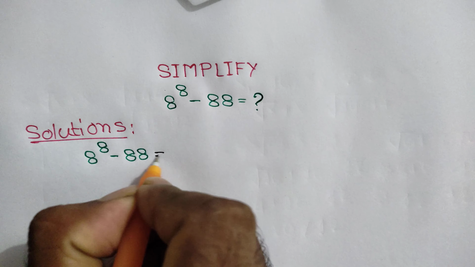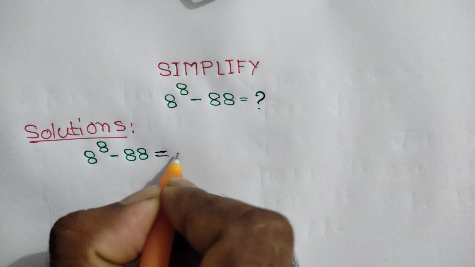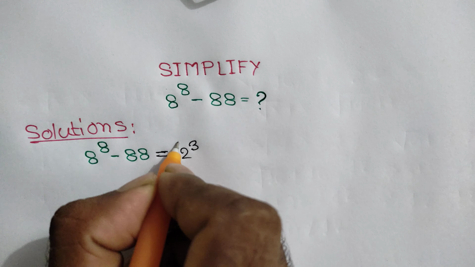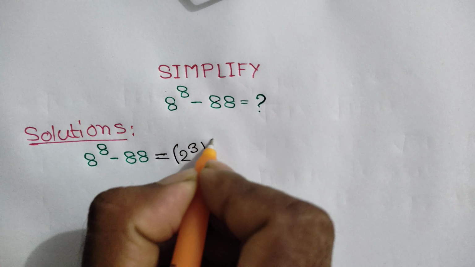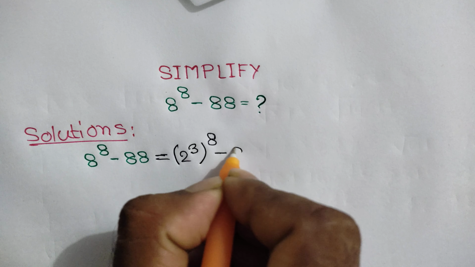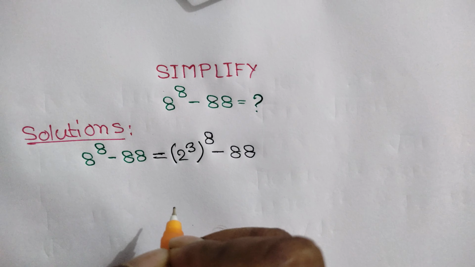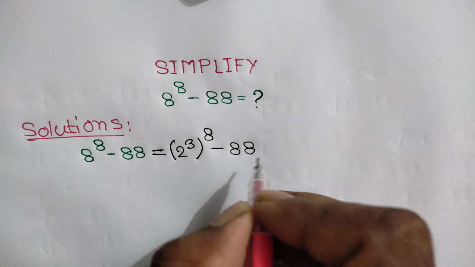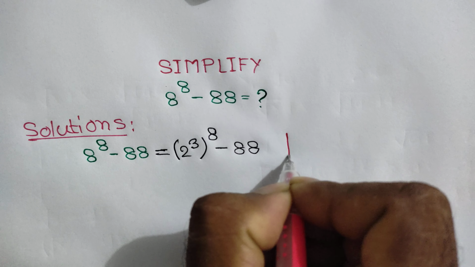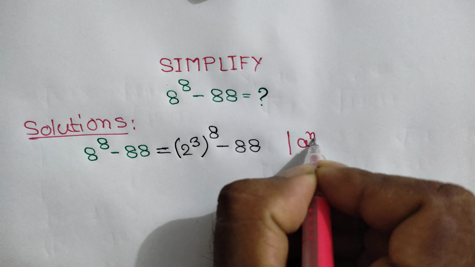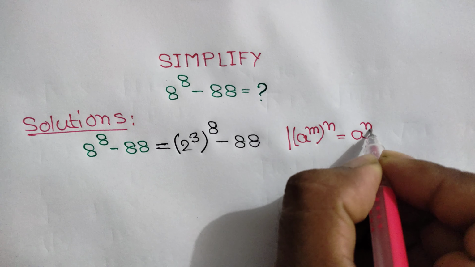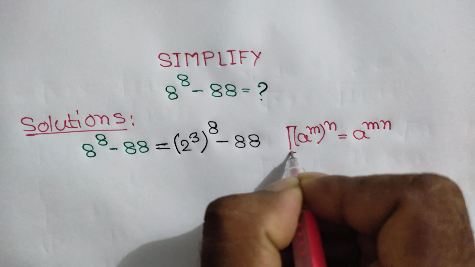8 can be written as 2 cubed, because 2 cubed is the same as 8, so this is (2 cubed) to the power 8 minus 88. Now we know an exponential formula: (a to the power m) to the power n is equal to a to the power mn.